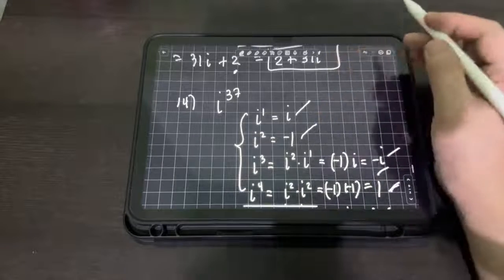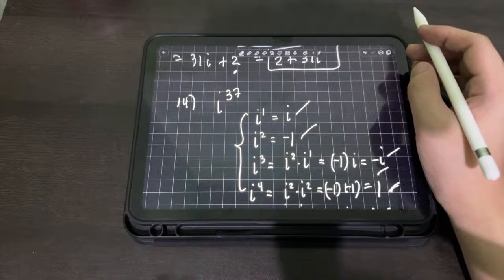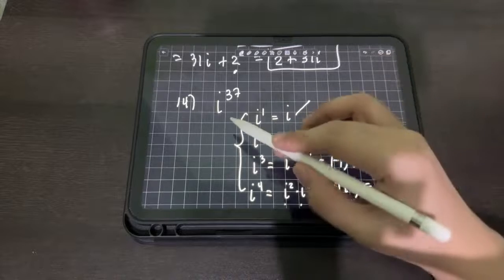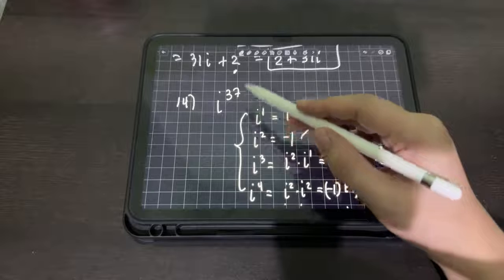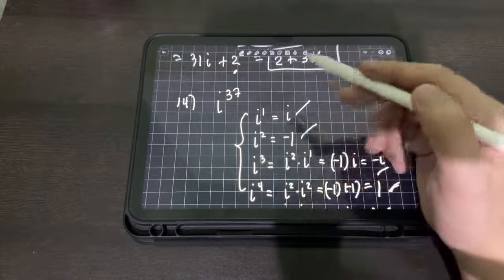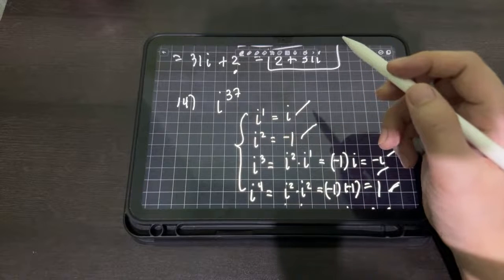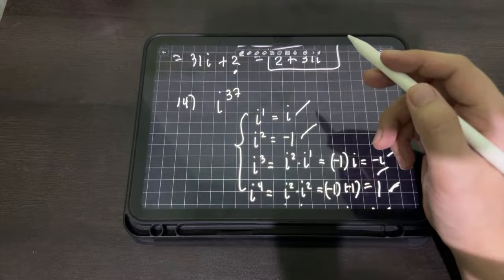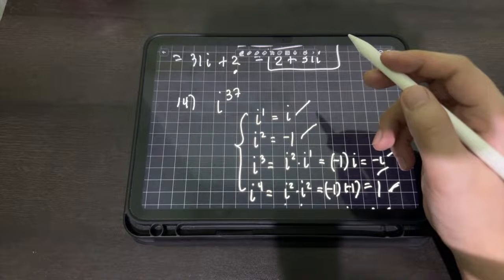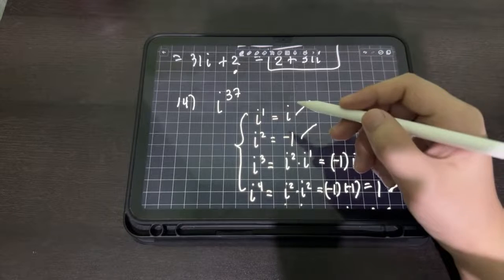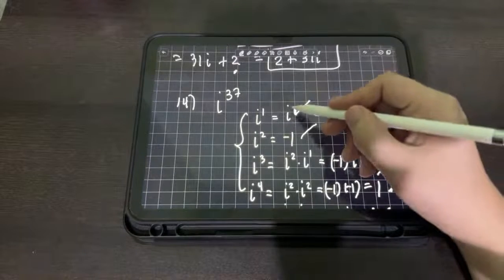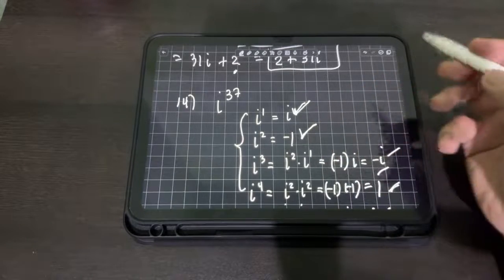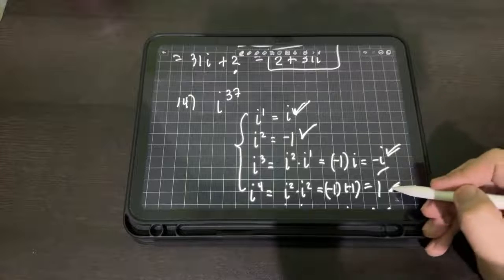So to have the simplified form of i raised to something, get the remainder when you divide that exponent by 4, and that remainder will tell you the corresponding value of that i raised to a certain power. It can be either one of the four: i, negative 1, negative i, or 1.